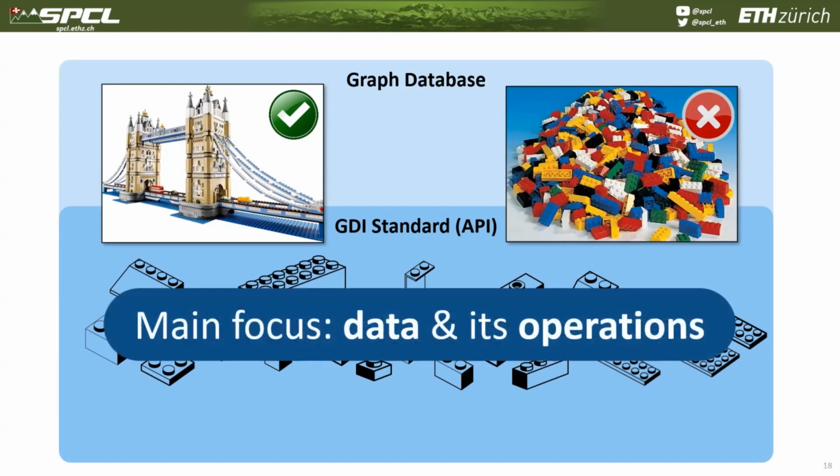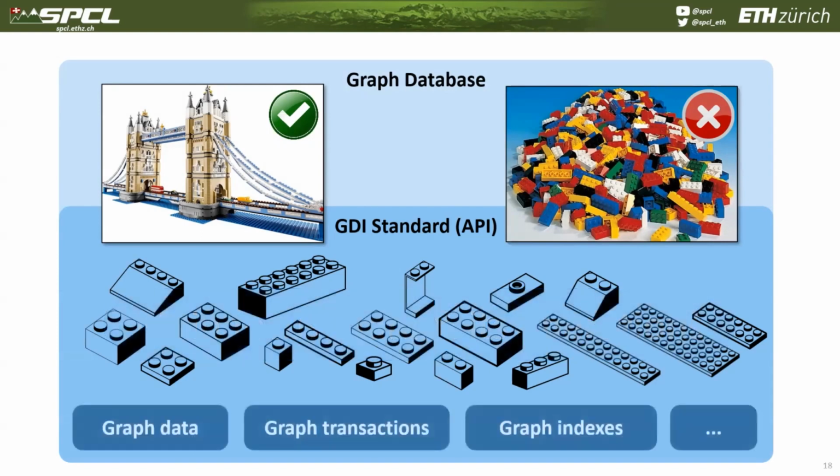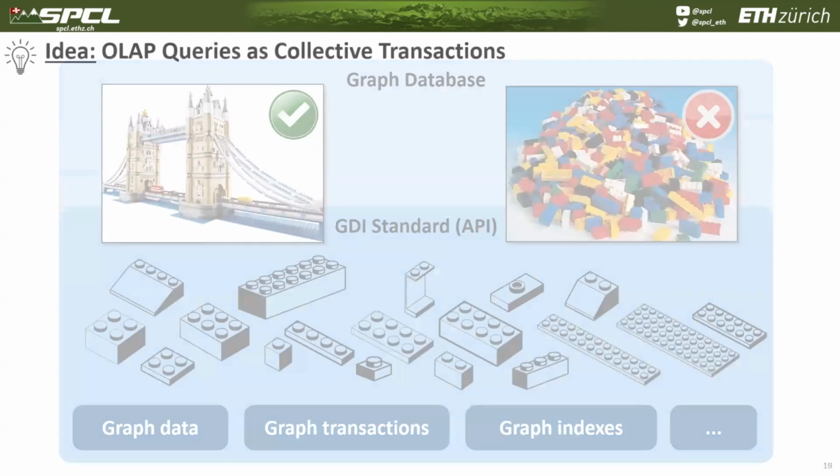And as we really care about performance in the end, the main focus in the construction of these building blocks was the data and the operations on this graph data. That means that we have classes of routines defined in the GDI standard for dealing with graph data, with graph transactions, with the indexes for the graph data, and several others.